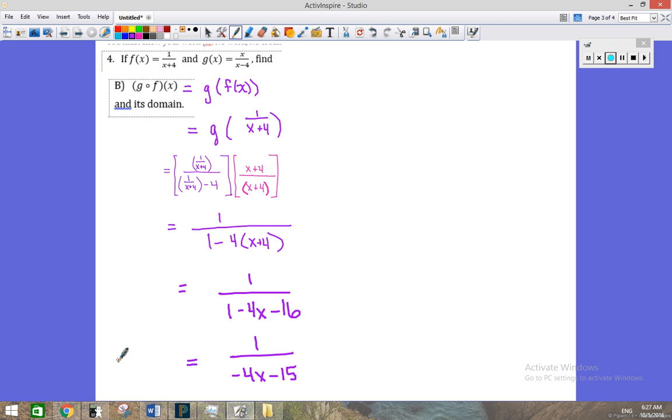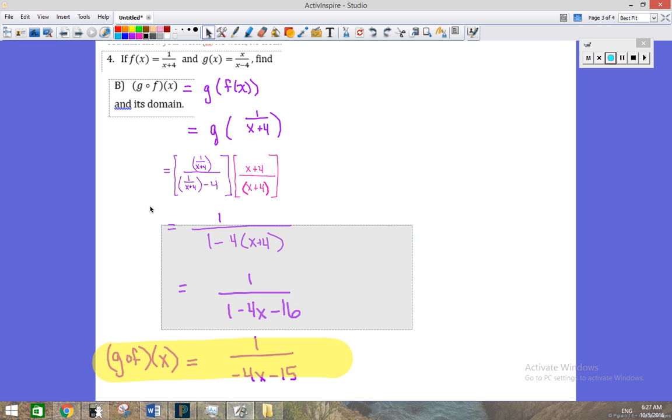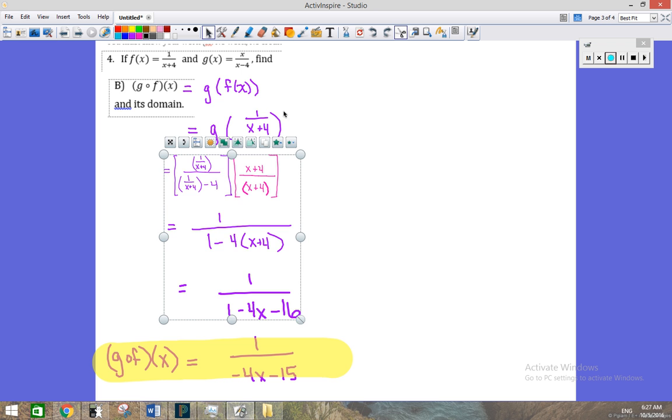Alright. That is my first answer of 2 parts in part B. That's the expression for the composition.